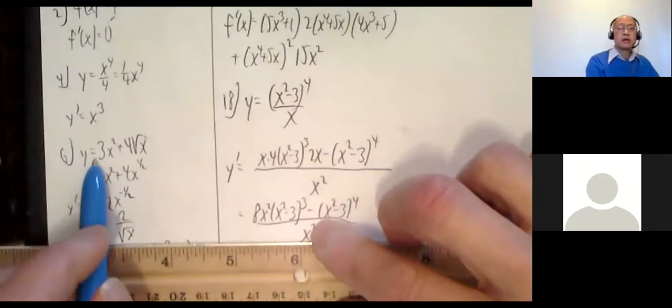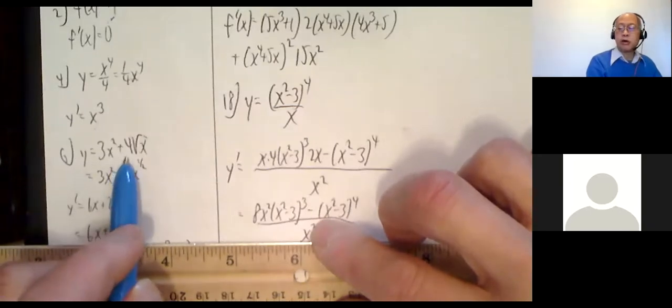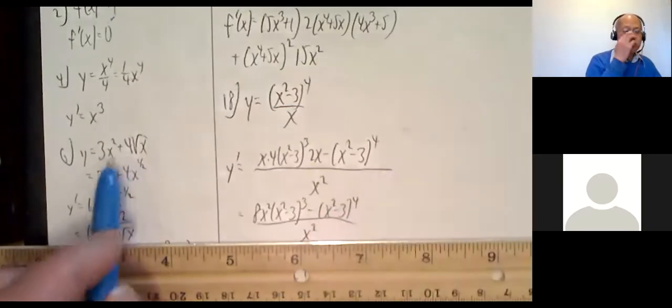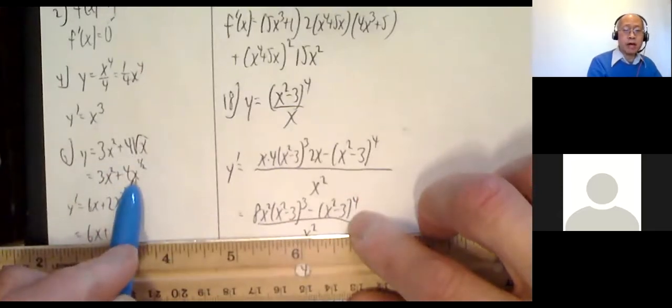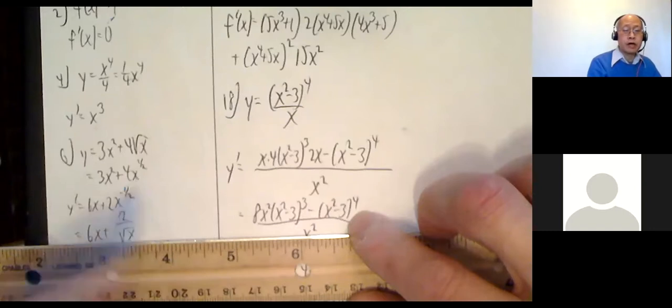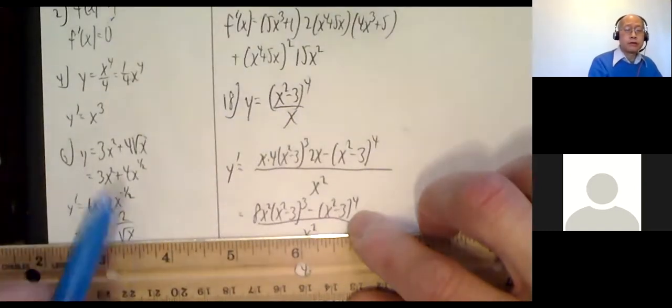All right, number 6, 3x squared plus 4 radical x. Okay, so this one's okay. Remember, radical x means x to the 1/2 power. And then I go ahead with it. The derivative of 3x squared is 6x.